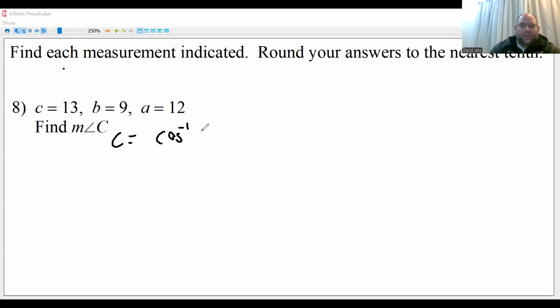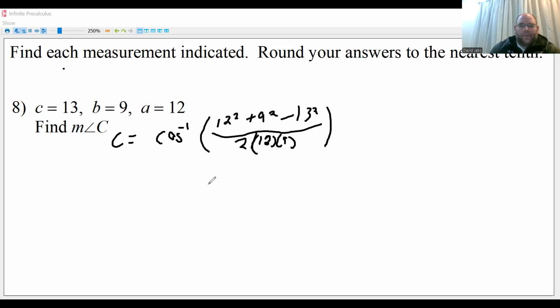So hopefully you've done all the other setup. So big C should equal 75 degrees.